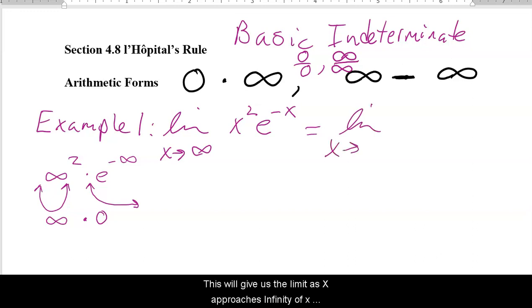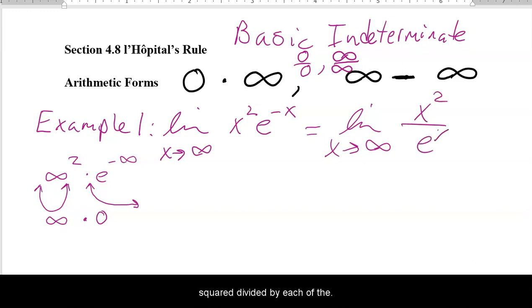This will give us the limit as x approaches infinity of x squared divided by e to the x. Notice I have not put in the notation for L'Hopital's rule because I have not applied L'Hopital's rule yet. All I did was algebraically drop the e to the negative x to the denominator, making the power a positive x.